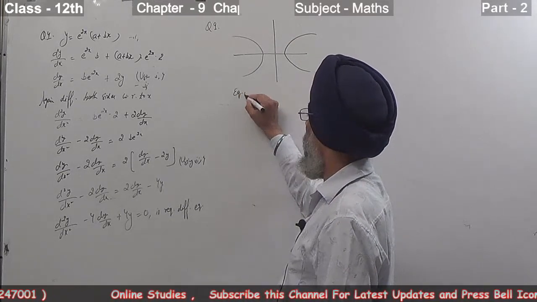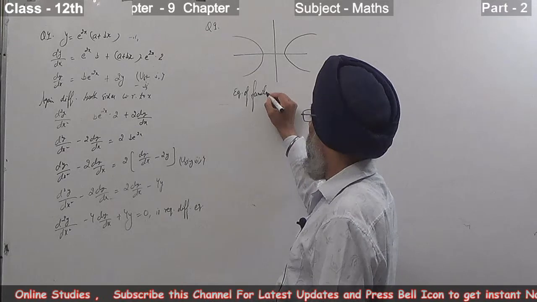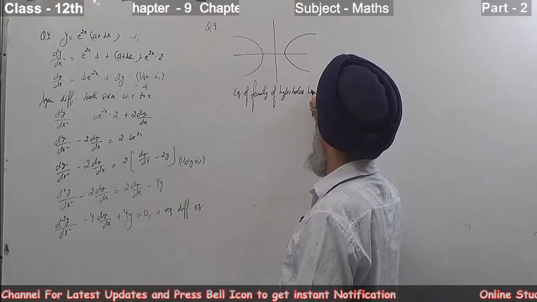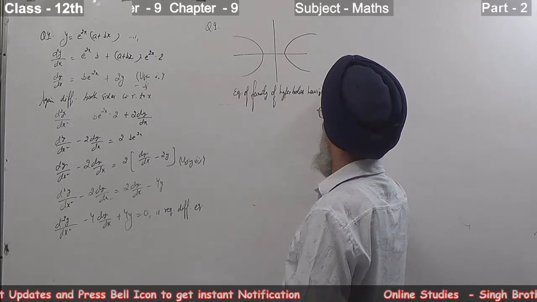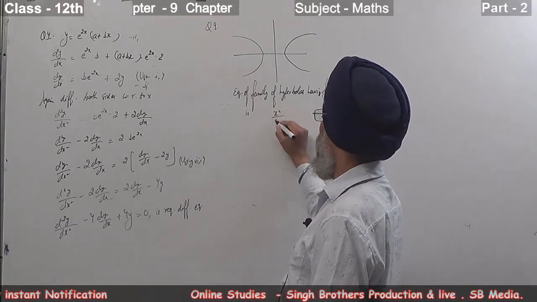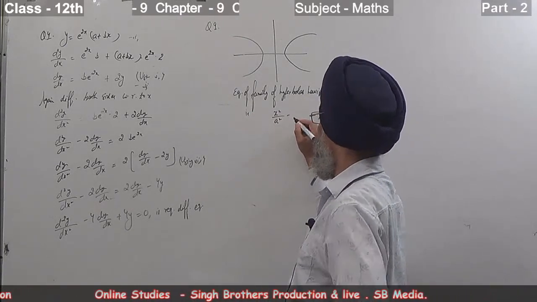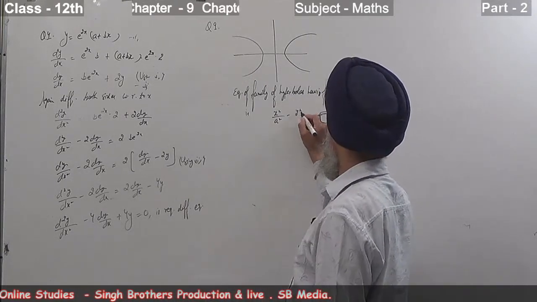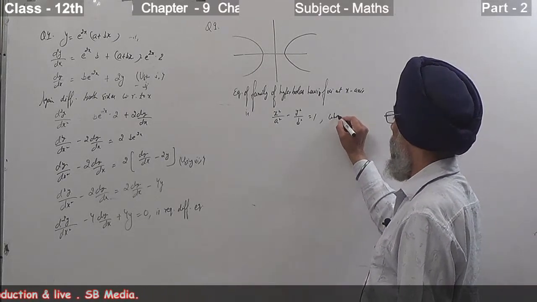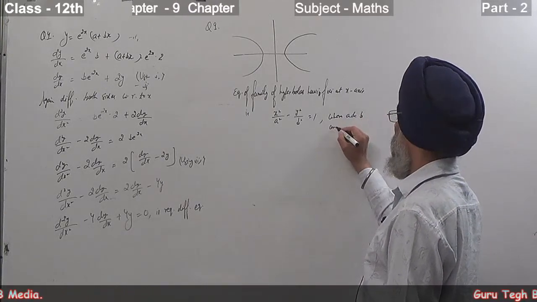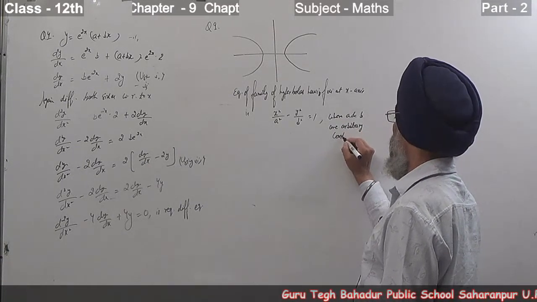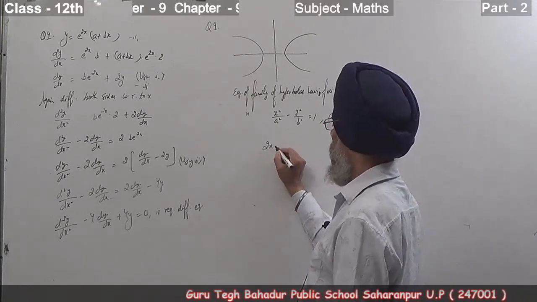So the equation of the family of hyperbolas having focus on the x-axis is given by x square upon a square minus y square upon b square is equal to 1, where a and b are arbitrary constants.